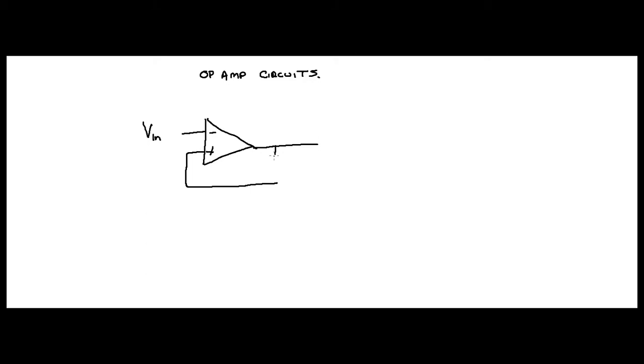So you're going to have this, and this is going to be your V out. You might notice something different, that the input is now fed into the inverting input, right?